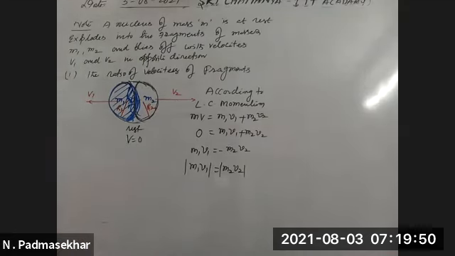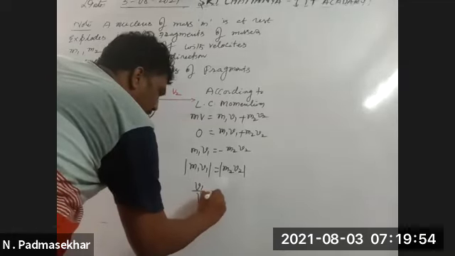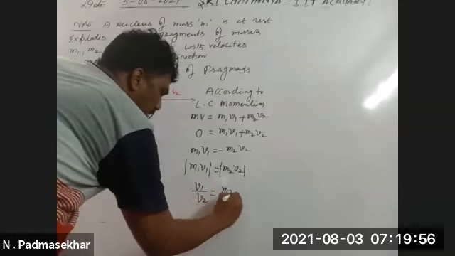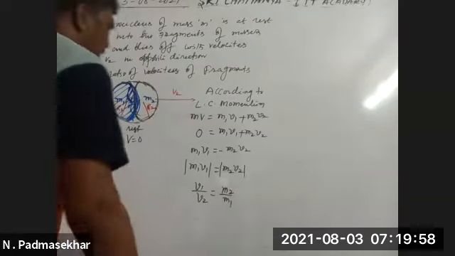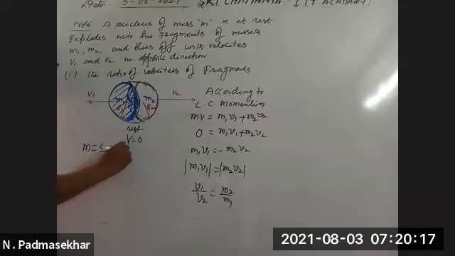Here they are asking that v1 by v2 is equal to m2 by m1. Actually, you know that mass is equal to volume into density, 4 by 3 pi r cube into rho.